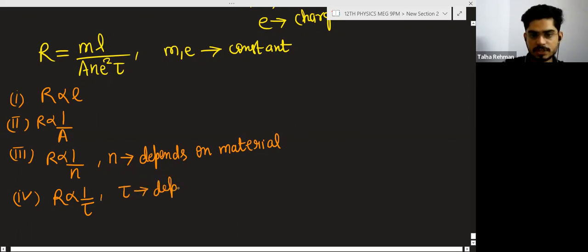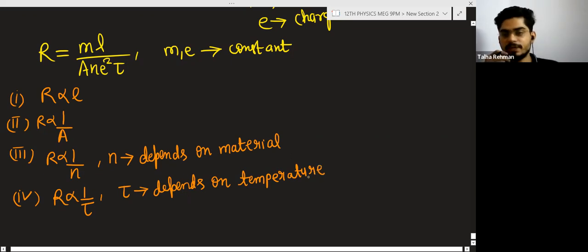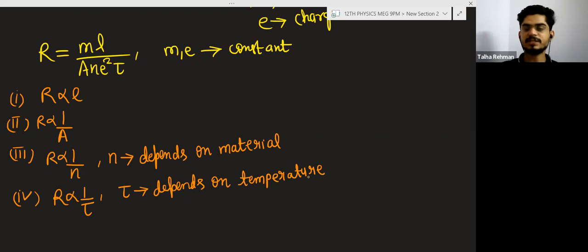I have told you earlier how the relaxation time will depend on the temperature. Earlier I told you that relaxation time is the time for which the electron is relaxing, not colliding with the ion. Suppose you have increased the temperature.